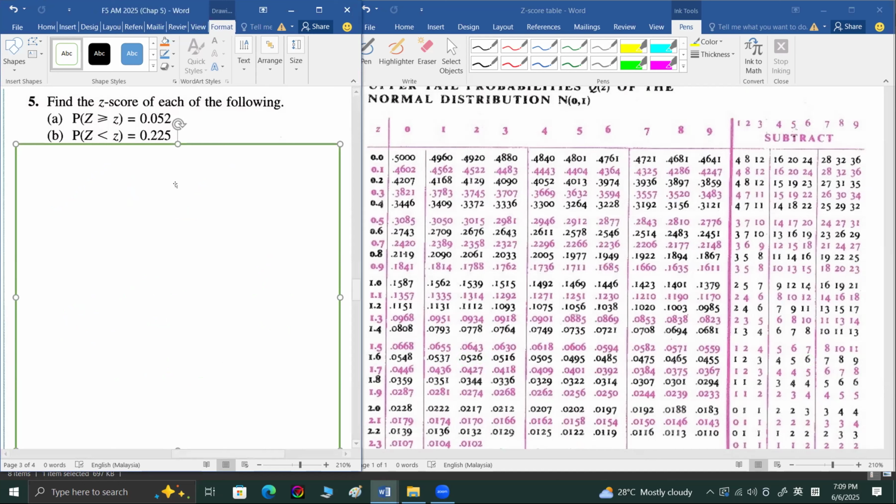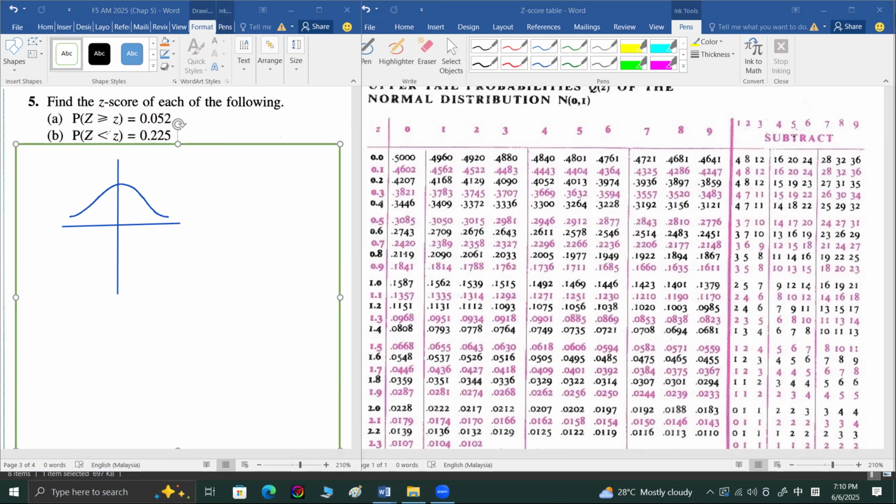Okay, I look at B. B is smaller than. So see when I sketch, it's also less than 0.5, but to the left.